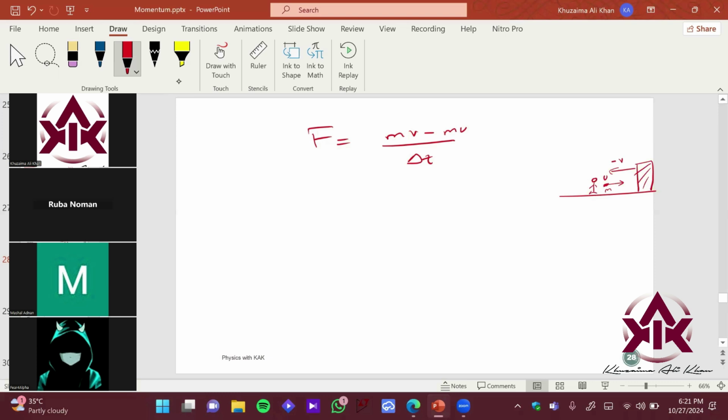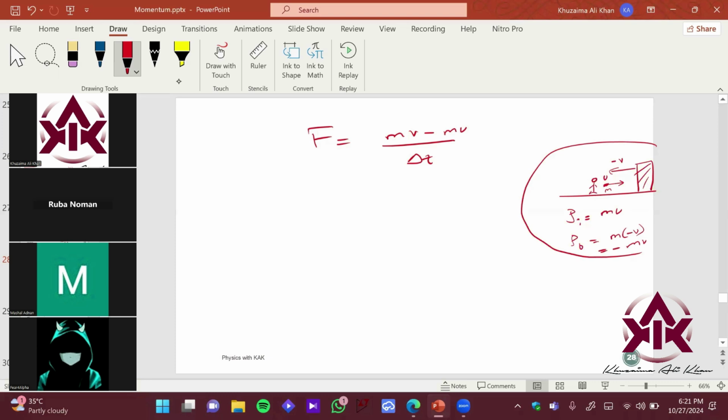If I want to find the initial momentum of the ball, it is the mass times the initial speed, mu. The final momentum is the mass times the final speed, negative v, so it comes out to be negative mv.